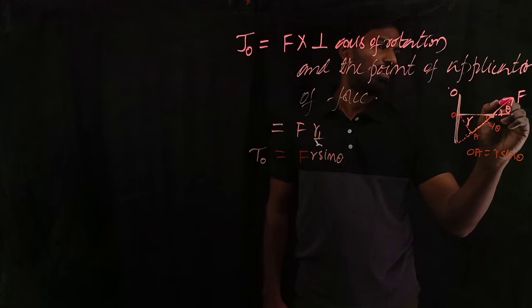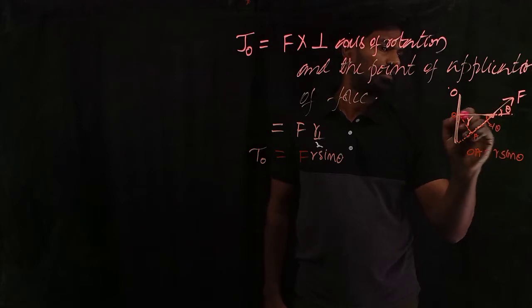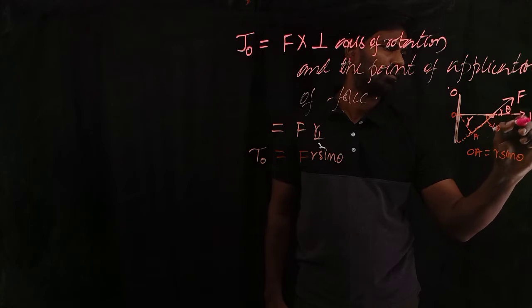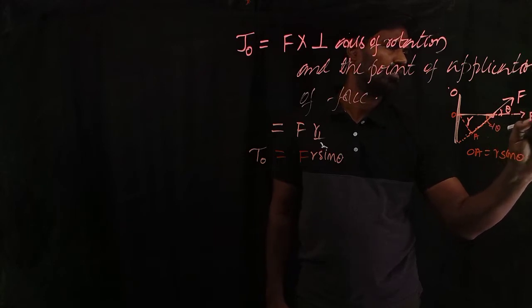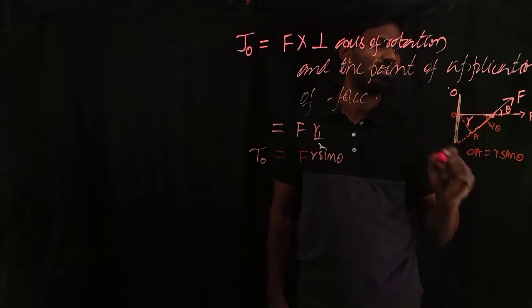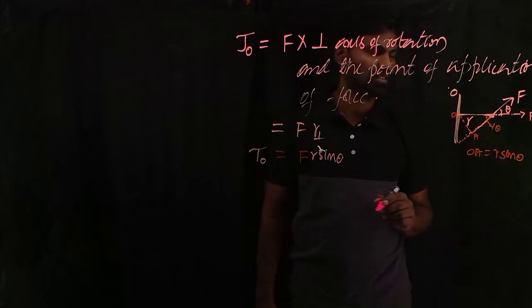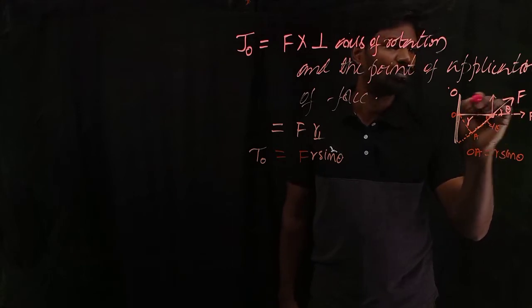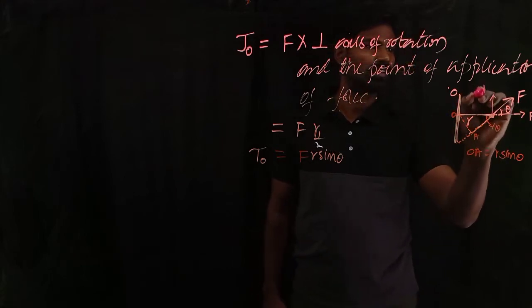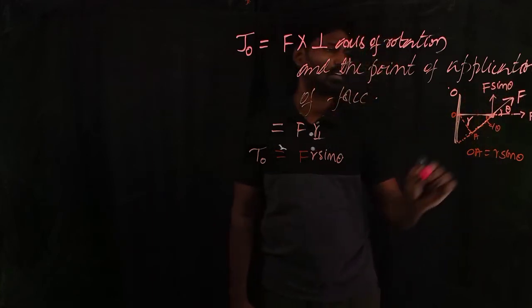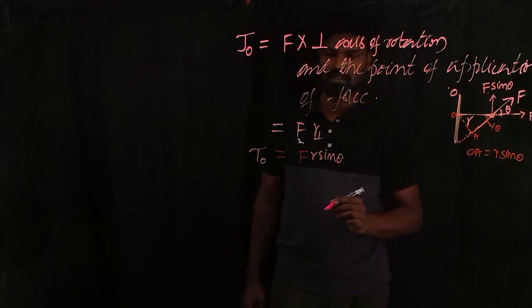The component of force along this R bar is F cos theta. The line of action of this F cos theta passes through the axis of rotation, because of which torque due to this force is 0. The component of force perpendicular to this R bar is F sine theta. So the only force producing torque is the component F sine theta.